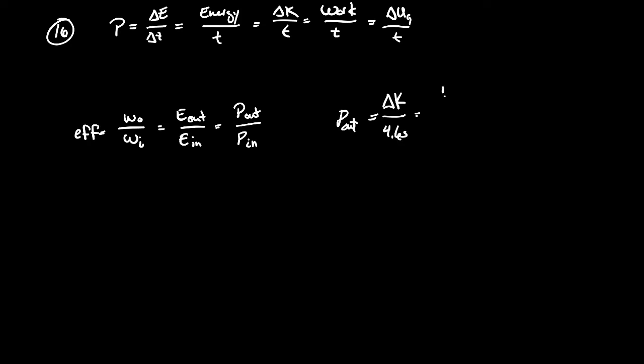So it's going to be 1/2 times 1,000 times 27.8 squared minus 0. That is the change in kinetic energy of the car, divided by how long it takes, which I believe is 4.6 seconds. This will give you the output power in watts, which, as I recall, is a big number. 27 squared times 1,000. It's going to be a big number.